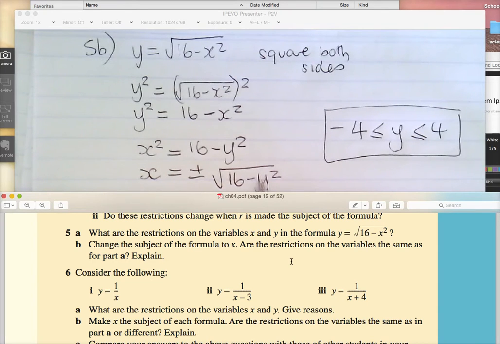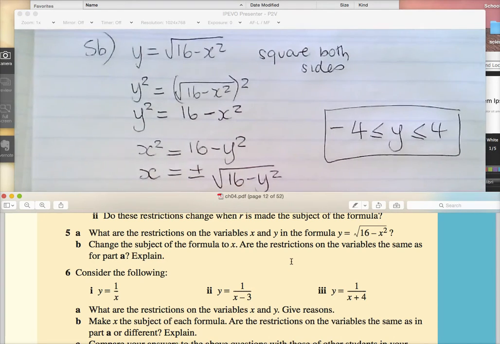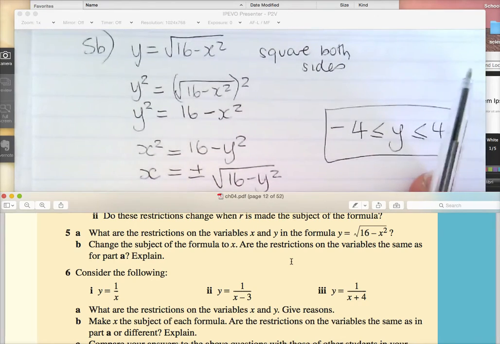If y was 3 or negative 3, you'd get 16 minus 9 is 7, positive. If y was 4 or negative 4, you'd get 16 minus 16 is 0. But if y was 5 or negative 5, you'd get 16 minus 25 is negative 9. That's not allowed. So girls, I'm really happy for you just to test some values.